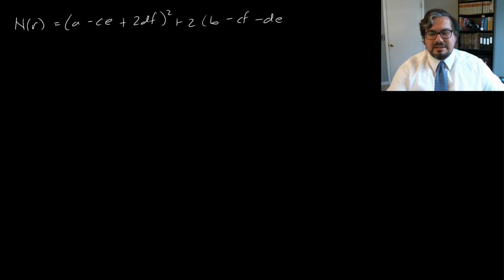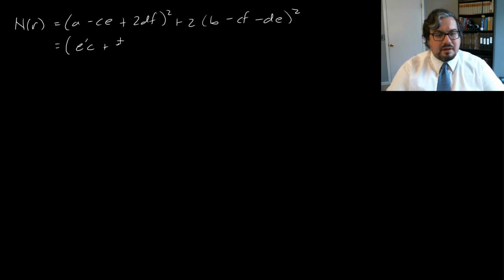So now we have that the norm of R is equal to a minus c e plus 2 d f squared plus 2 times b minus c f minus d e squared, in which we're going to replace a with e prime c minus 2d f prime.